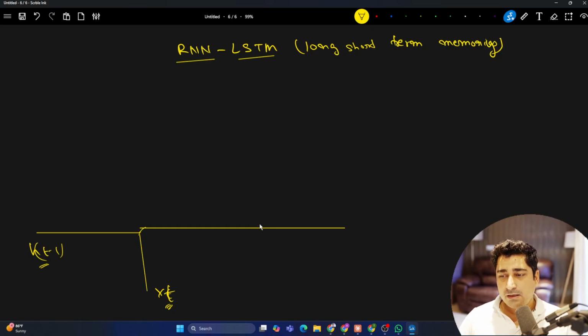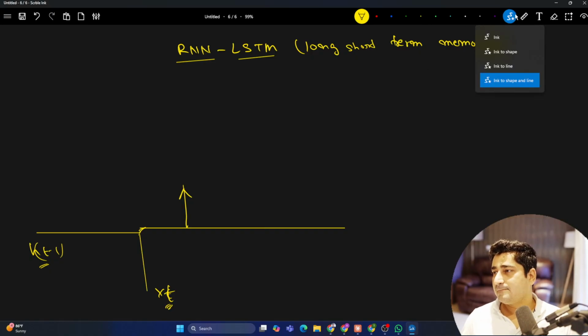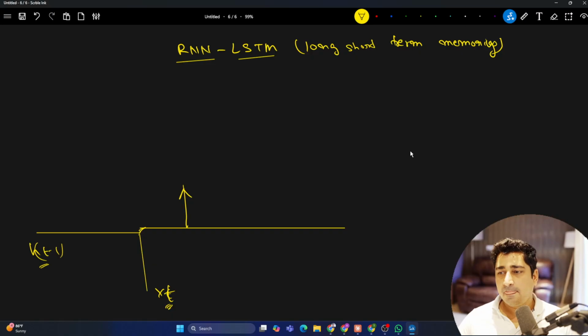So here, the very first gate is what they called a forget gate. Again, when I say this forget gate, technically I'm talking about one of the neural networks. But wait for some time, you will be able to understand in a better way.